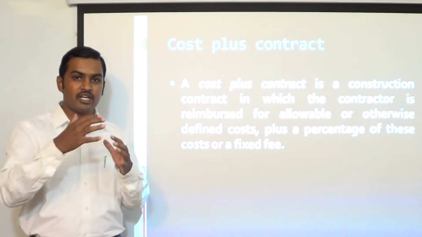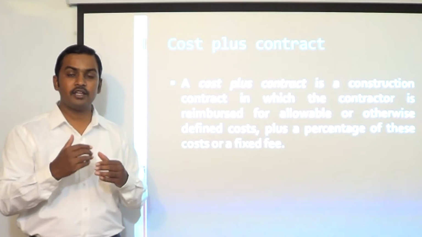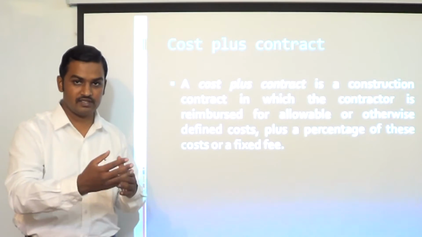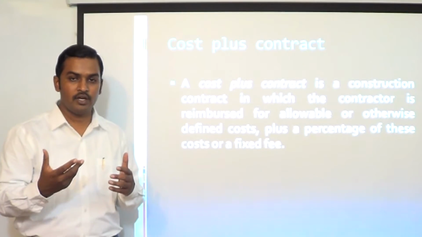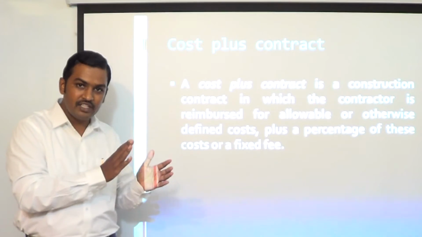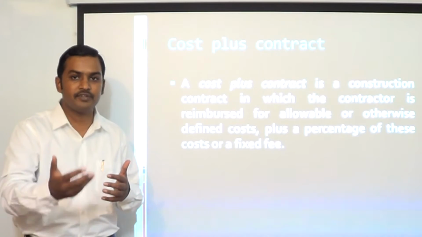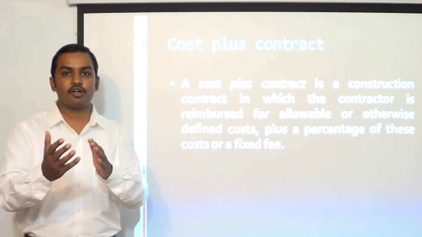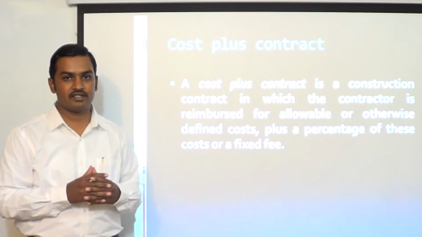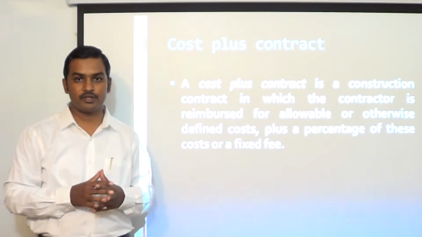He is going to reimburse the allowable expenses, and the contractor can also charge some fees. That means his margin, profit, or he is going to get a percentage of the allowable costs as some margin or as some profit, or he can charge some fees in addition to the cost which is incurred for construction of the asset. So such contracts are called cost plus contracts.